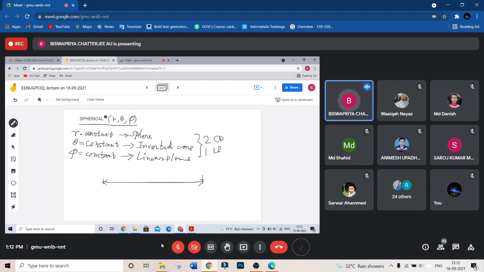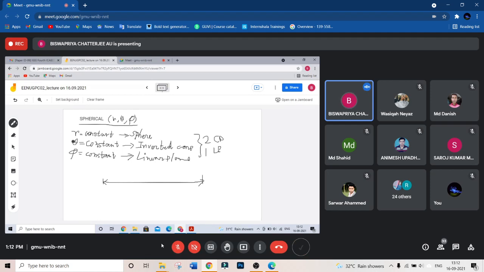Although in the spherical system one linear plane is there, this is the end only for the sake of this course.